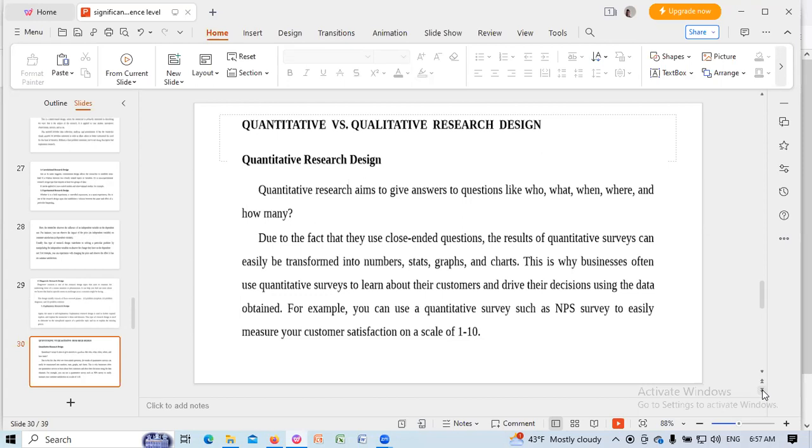Due to the fact that they use close-ended questions, the results of quantitative surveys can easily be transferred into numbers, stats, graphs, and charts. This is why businesses often use quantitative surveys to learn about their customers and drive their decisions using the data obtained.